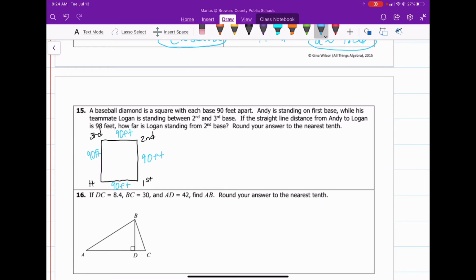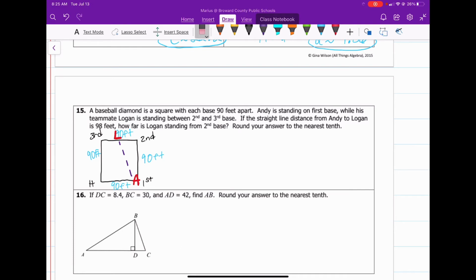Okay. So if the straight line distance from Andy, so Andy is here. Andy's on first base. Logan is somewhere between second and third. So Logan is over here somewhere between second and third. If the straight line distance from Andy to Logan is 98 feet, so from Andy to Logan, that's 98 feet.